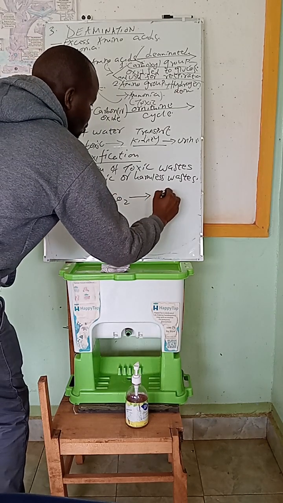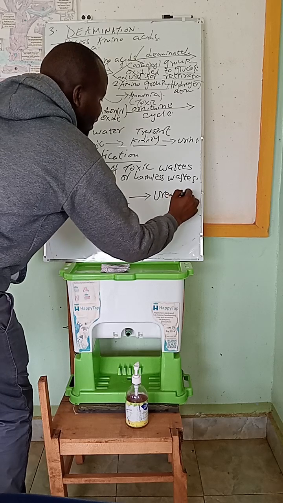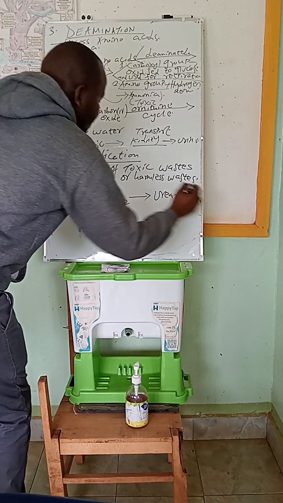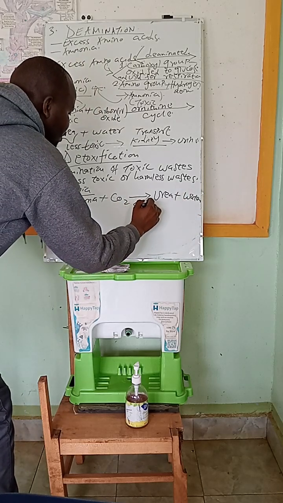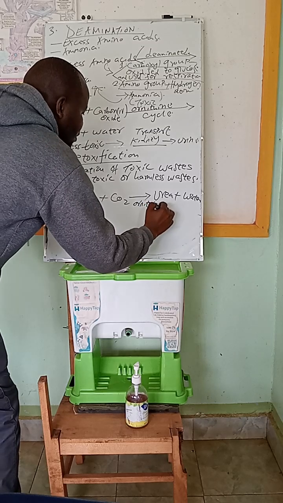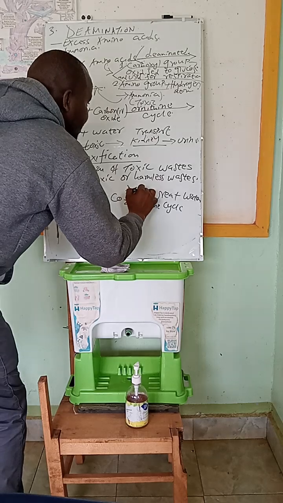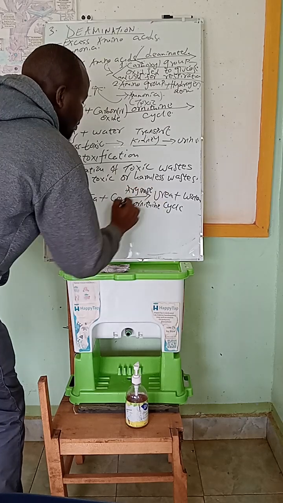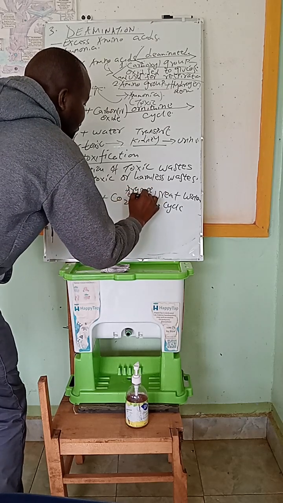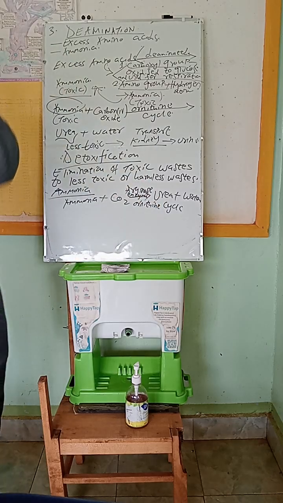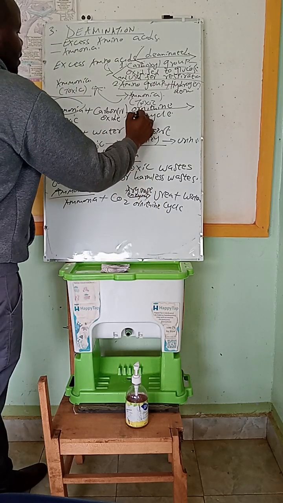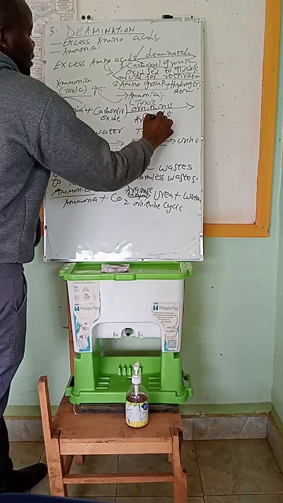You get urea plus water. And this one is the ornithine cycle, and we have our arginase enzyme.